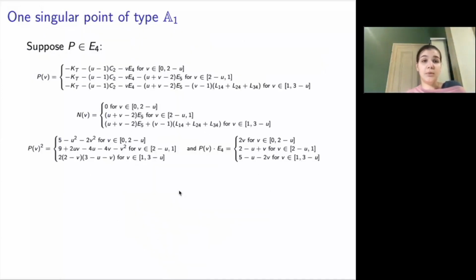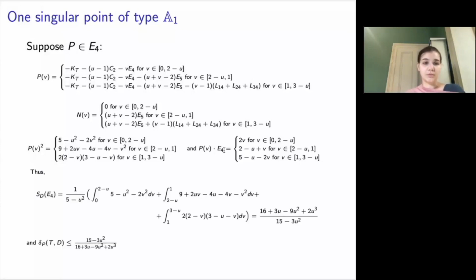So suppose we have a point which belongs to this middle curve. Then as before we compute the positive and negative parts of the Zariski decomposition, then we compute the volume for each part where the Zariski decomposition changes. Then we compute the intersection of this volume with E4, which we will need to compute the S integral.